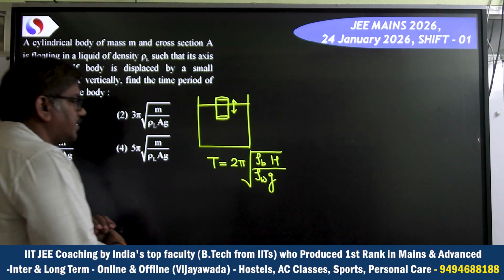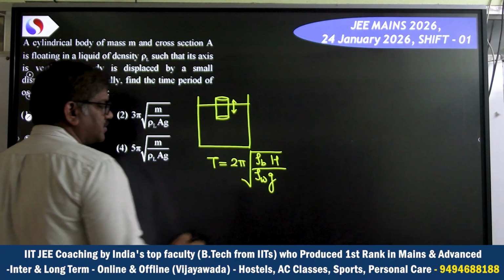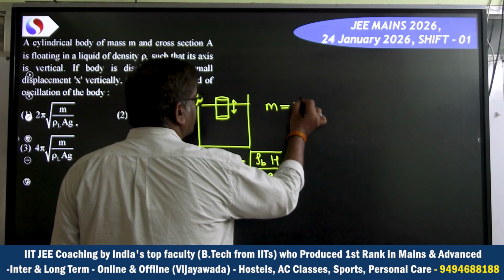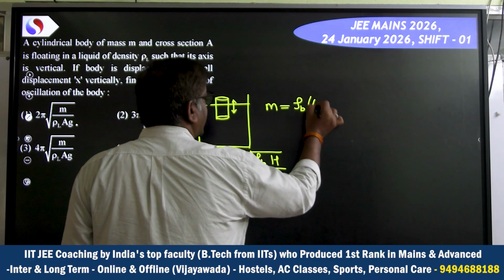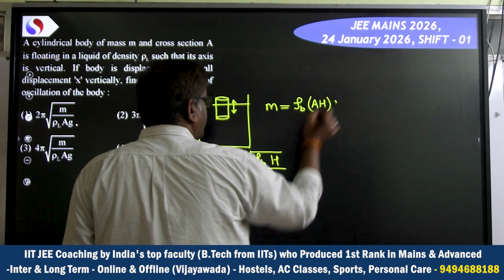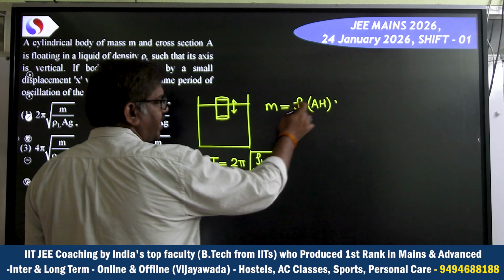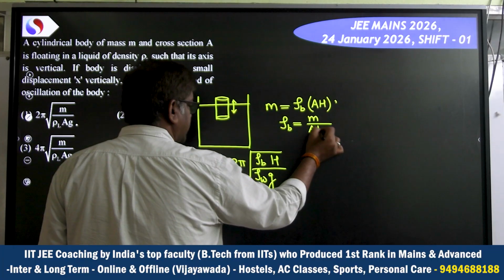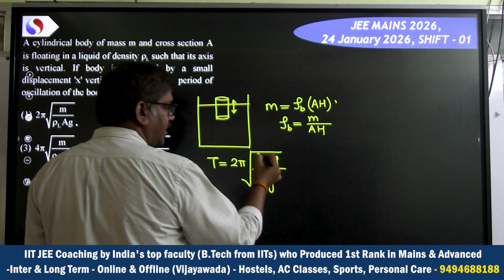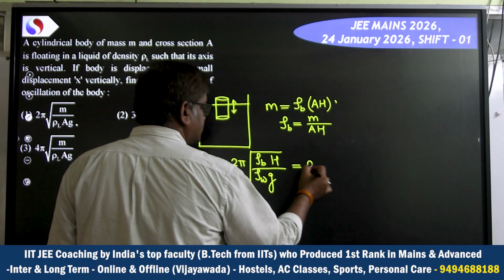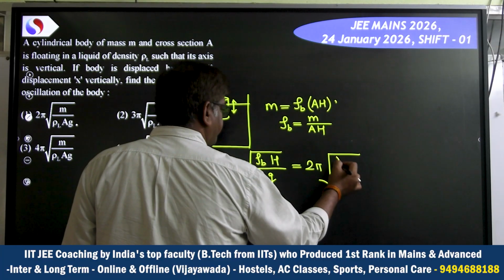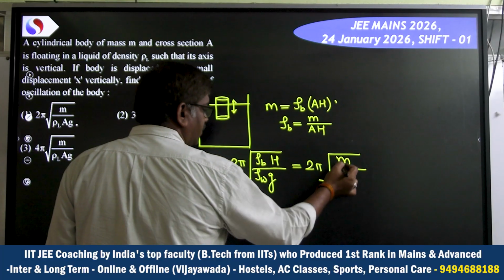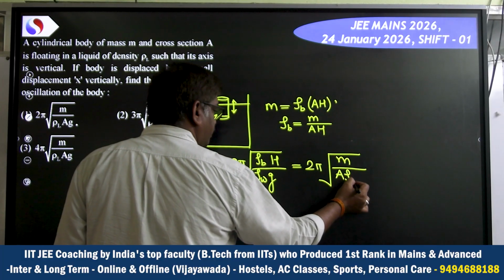Now here, this rho b is not given to you, but the mass is given. For the mass of the cylinder we can write rho b into volume, and volume I can write as A into H. That means rho b I can replace by M by AH, or you can say rho b H directly is replaced by M by A. So this equation is converted into M by A times rho w into g.